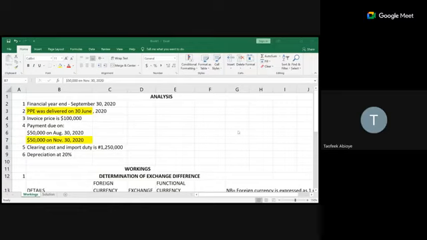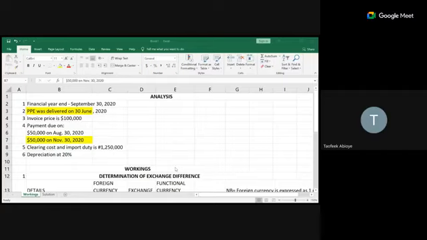Okay, someone said, what about the balance accrued that will be paid in the following year? There should be a journal entry for it. Okay, that will be our payables, our payable balance.